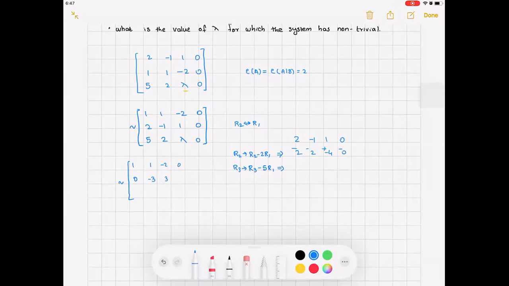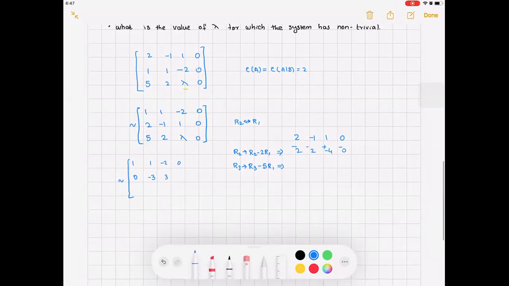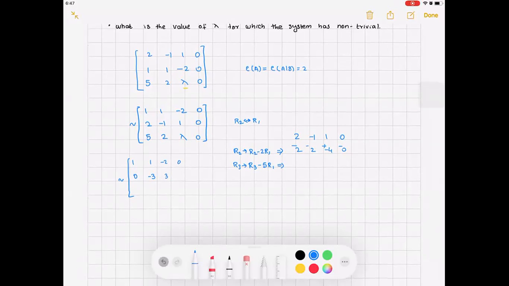Plus 3 and this is plus 5, 0 and 5 2 lambda 0.